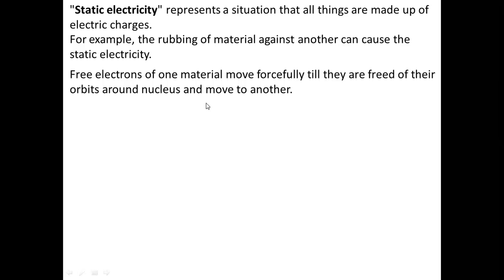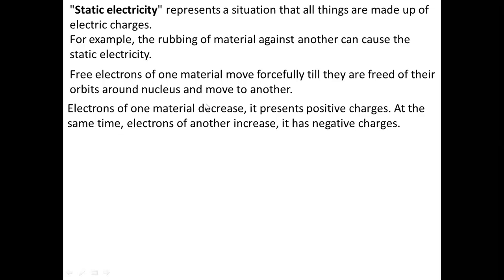Static electricity represents the situation that all things are made up of electric charges. For example, rubbing one material against another can cause static electricity. Free electrons of one material move forcefully until they are freed of their orbit around the nucleus and move to another.